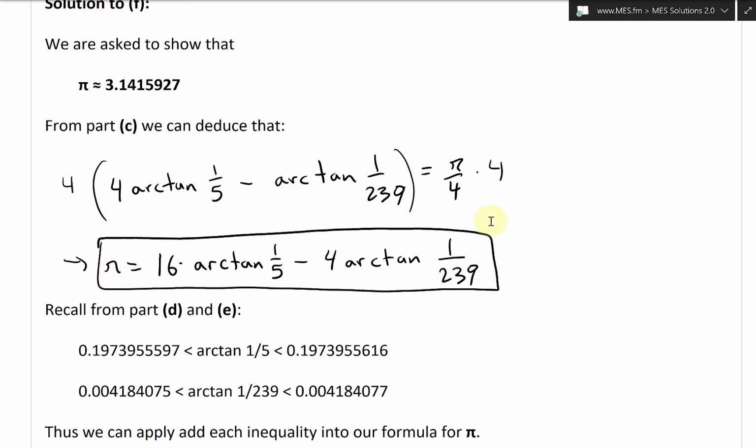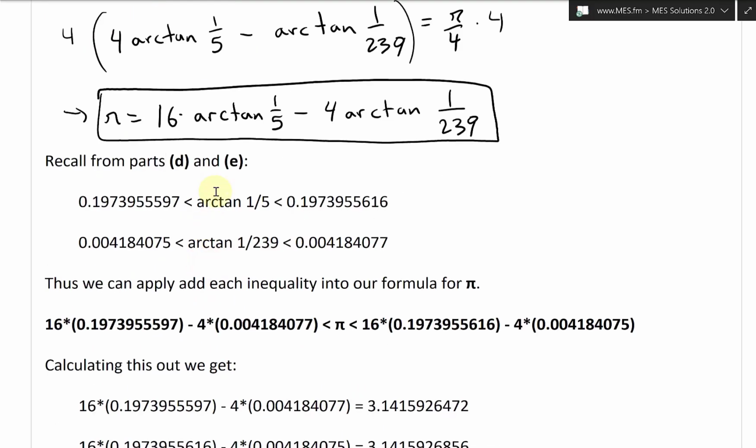All right, here I just boxed this in, and now recall from parts D and E the estimations we did. So arctan 1 over 5 is between this right here and this, and arctan 1 over 239 from part E is between this and this right here. Thus, we can apply each inequality into our formula for pi. So basically we'll take pi as between, well, we'll take all the numbers that give the smaller amount.